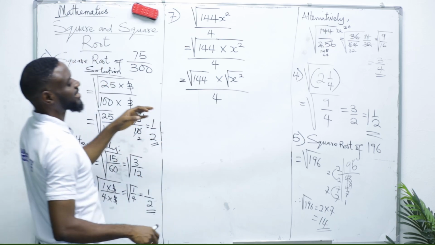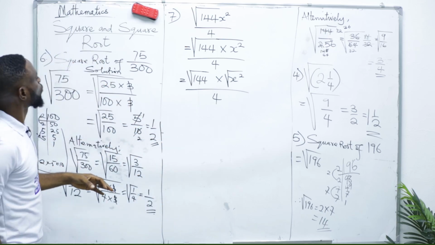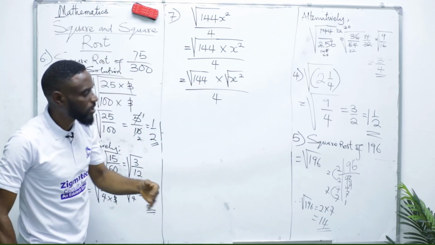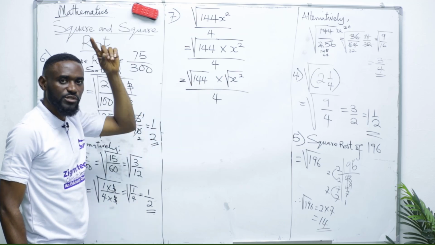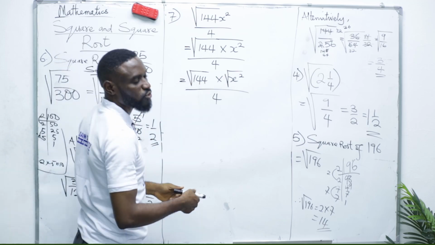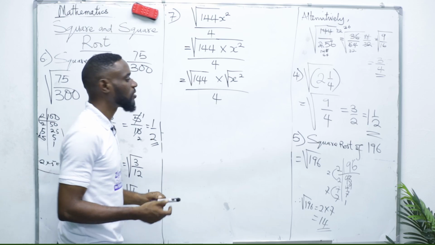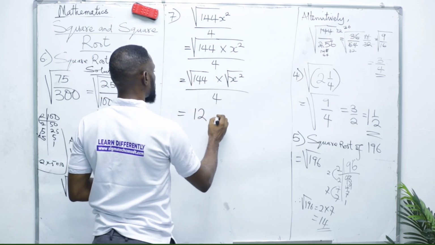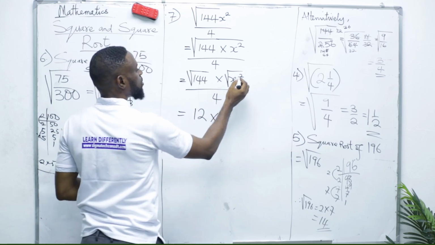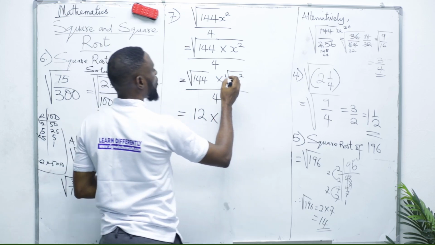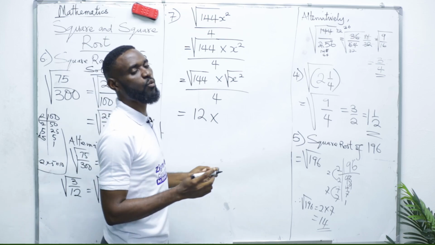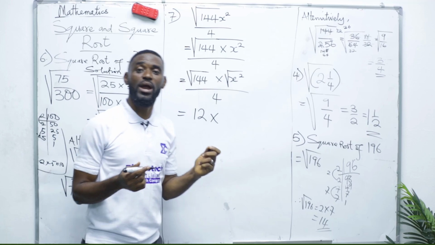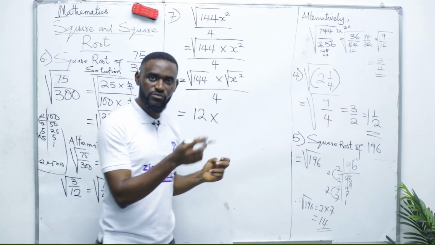Now, root of 144 is what? 12, because 12 times 12 is 144. We said when you square root a squared number or a squared letter, the square removes the square root.